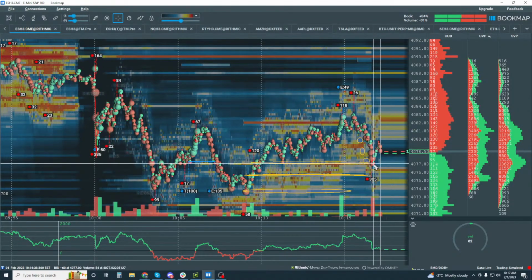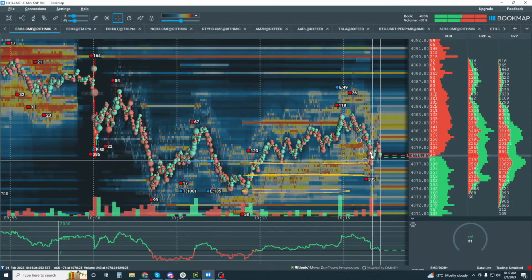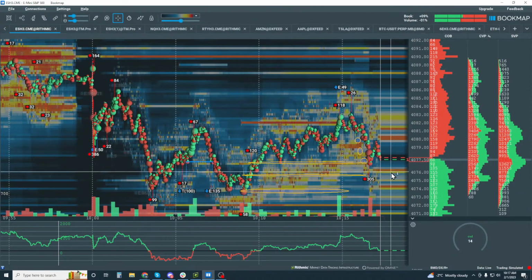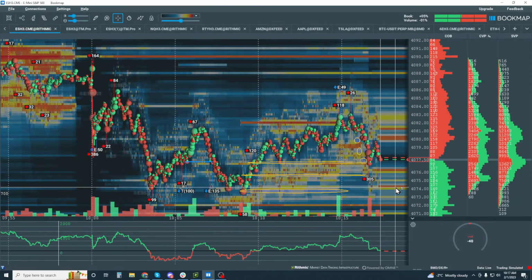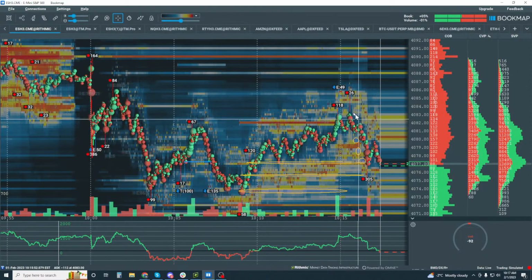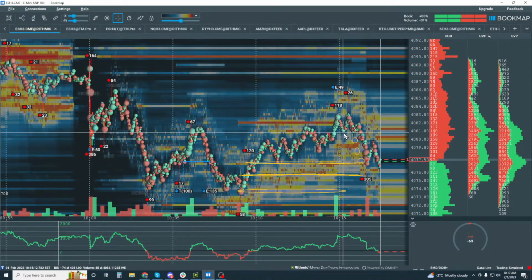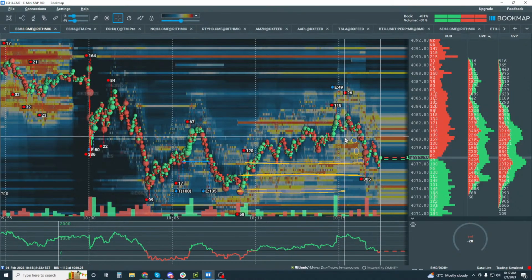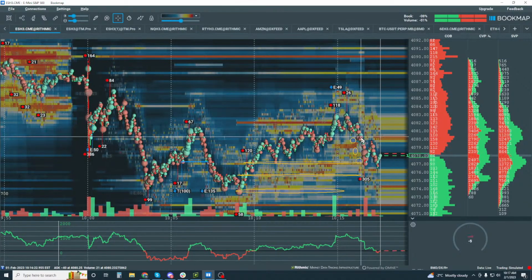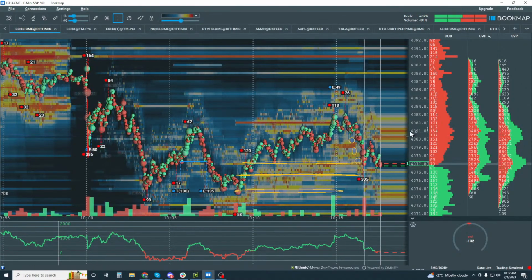That swing, just like that, is like a 3-point move or so, and then you can hold for your runner to see if it continues on down into these lower areas. So there's some trade management and some trade setups for trading this action. It's not a trade recommendation. It's about learning to read order flow and putting that together into a potential plan for yourself. This is something you'll have to study and do on your own.